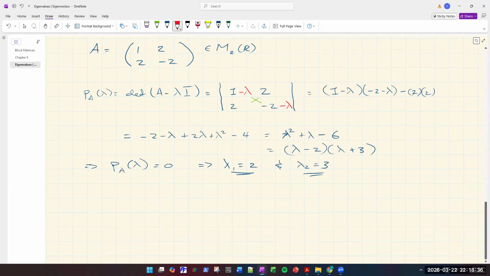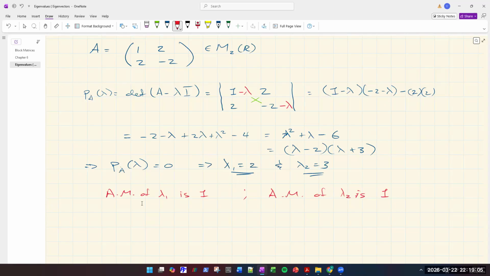So right away we could write down the algebraic and the geometric multiplicity. So the algebraic multiplicity of lambda 1, how many times was 2 repeated? It was once. It was 1. And the algebraic multiplicity of lambda 2, how many times was 3 repeated? Once. So it is 1 again, right?